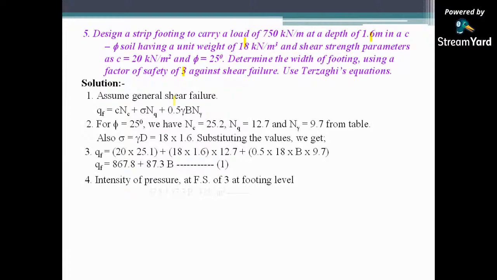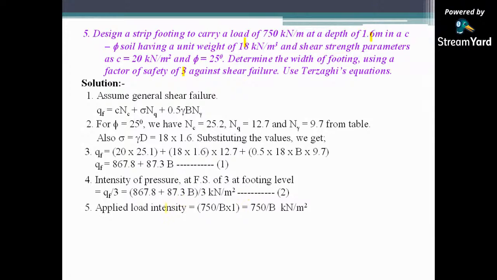At footing level, the intensity of pressure at factor of safety 3 equals qf divided by 3. Substitute the value of qf which we calculated in equation 1: 867.8 plus 87.3B divided by 3 kilonewton per meter square. So this will be equation number 2.